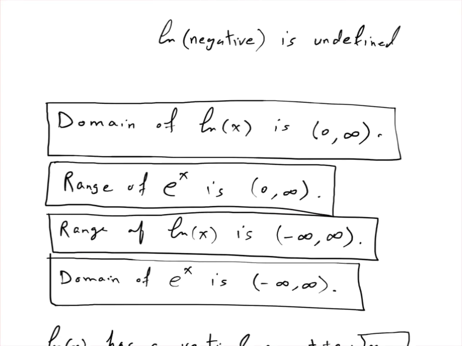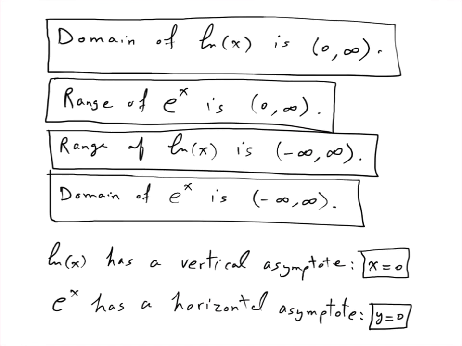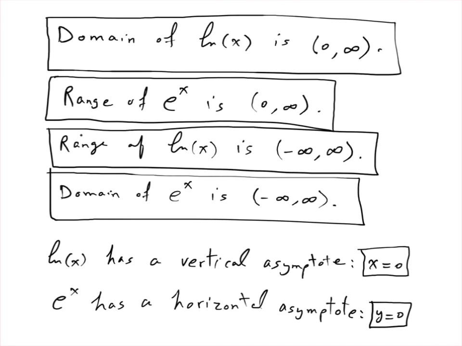And here are some other properties. Domain of the ln function is 0 to infinity. We just saw it above on the graph, you can see. And that makes the range of e to the x the same thing, because e to the x and ln of x are inverses, so the domain of one becomes the range of the other, and the range of one becomes the domain of the other.